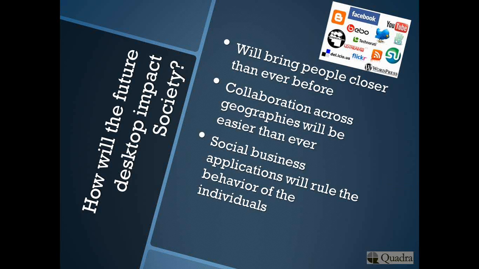Now, social business applications will rule the behavior of individuals. And so what happens is the enterprises will make use of, or take benefit from, the social business applications and expand their businesses and also keep their employees connected together so that they can function better.